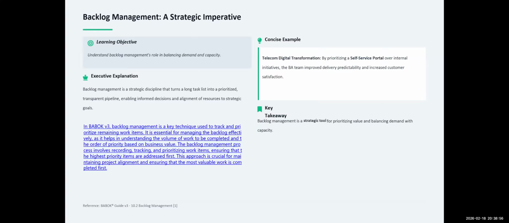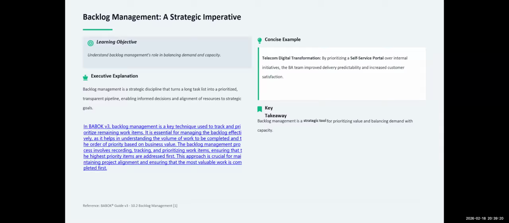I mean it's borrowed from Agile, Scrum, and maybe from other project methodologies and what have you. But interestingly, it is in BABOK. It's technique 10.2, and the idea is actually the same thing.